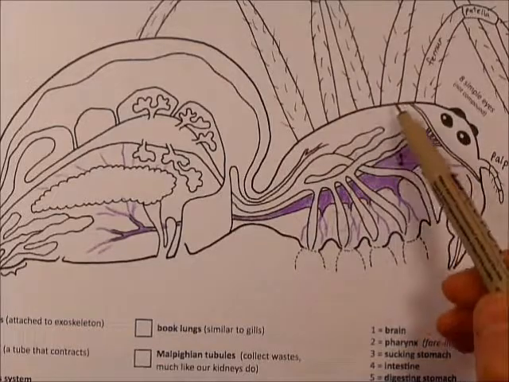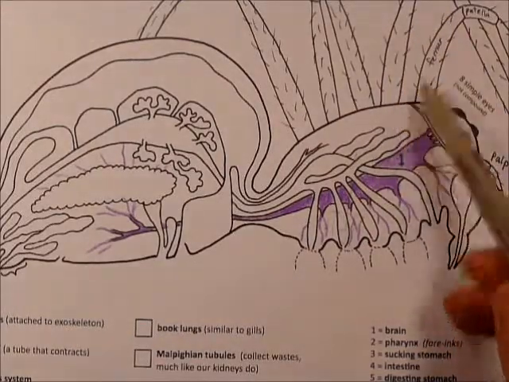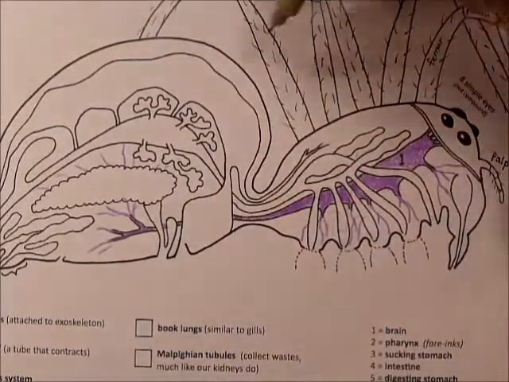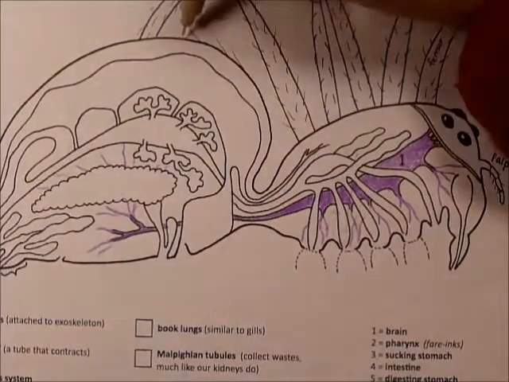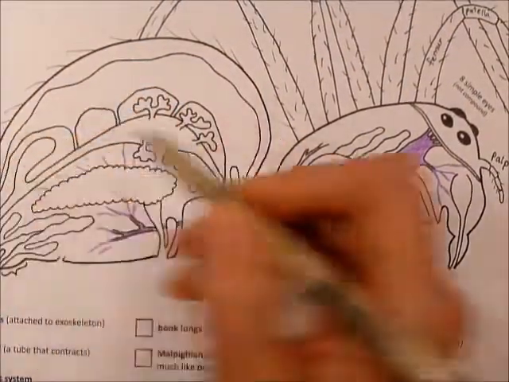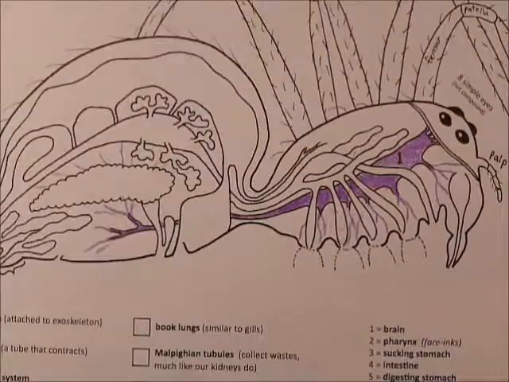The nervous system would actually be attached to all these little hairs, but that's ridiculous to try to draw. So we're just going to say, all right, we know it's got hairs, but we also know they're attached to the nervous system.